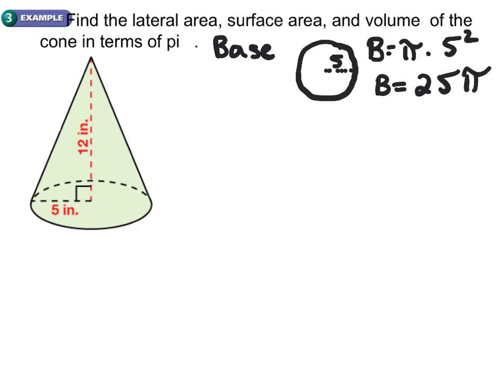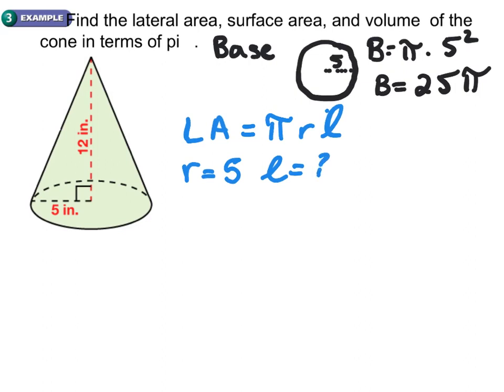The lateral area, we're now going to use the formula, so lateral area equals pi r L. In this case, the radius is 5. L is the slant height, which we don't know because it is representative of this length right here.